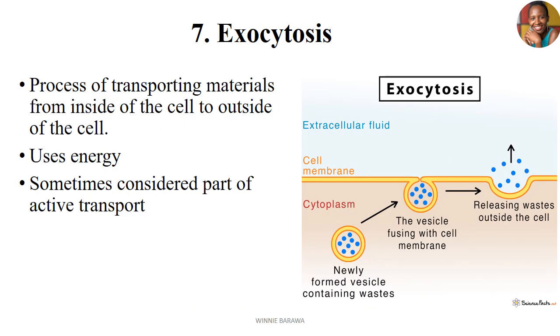And the last mechanism that I thought it's wise to include in our video today is exocytosis. Exocytosis is a process of transporting materials from inside of the cell to outside of the cell. It uses energy and it is considered to be part of active transport. By illustration, exocytosis is whereby you want materials to be emptied out of the cell. Here we will still use the vesicles or the vacuoles.